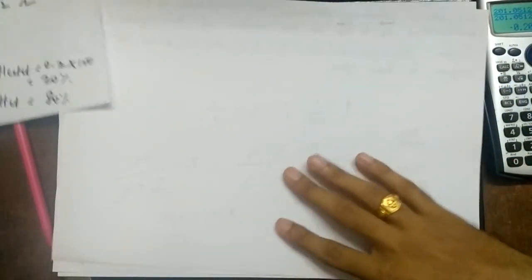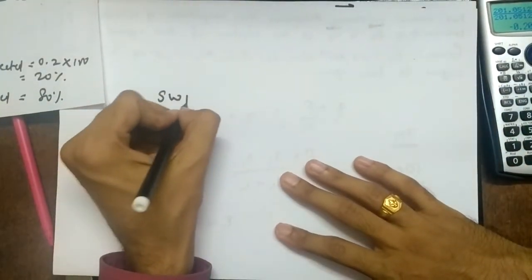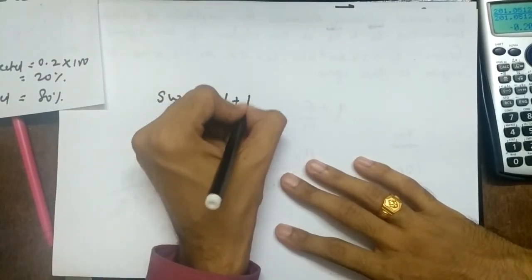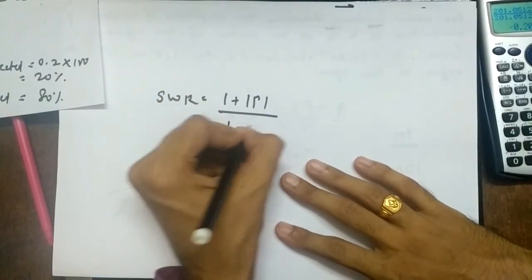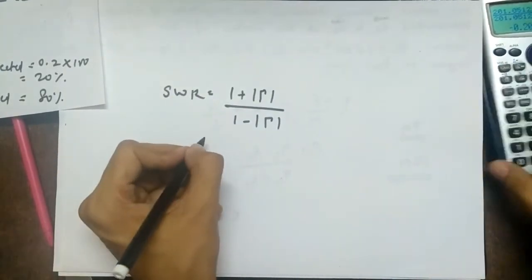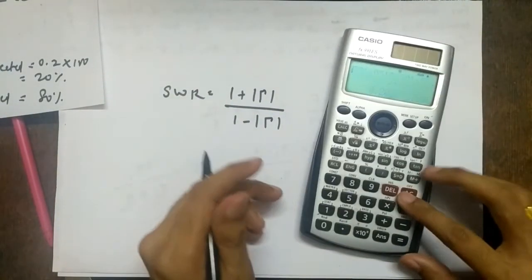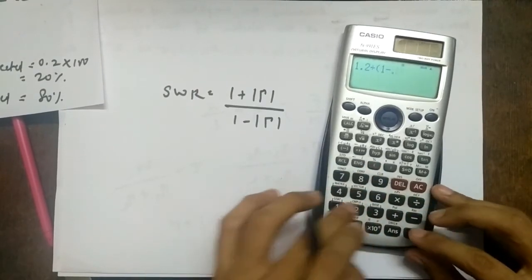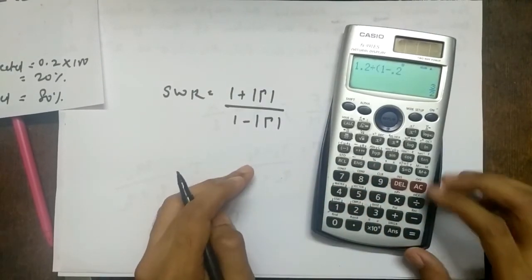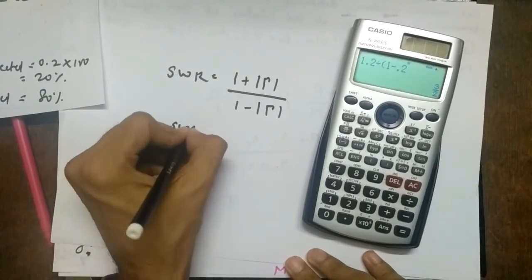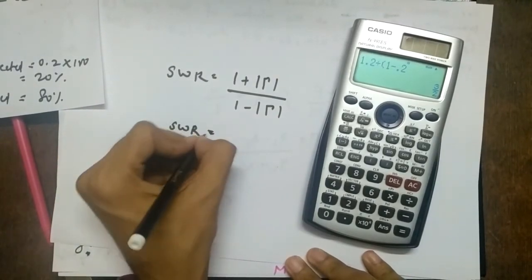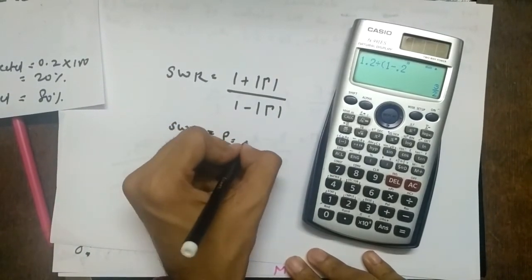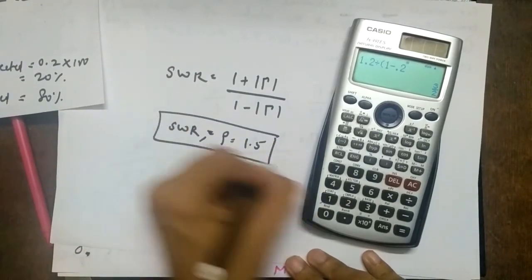Now the SWR. The SWR formula is 1 plus mod gamma upon 1 minus mod gamma. Gamma is minus 0.2, so mod gamma is 0.2. So 1.2 divided by 1 minus 0.2, so 3 by 2. So the standing wave ratio, denoted by rho, is 1.5.